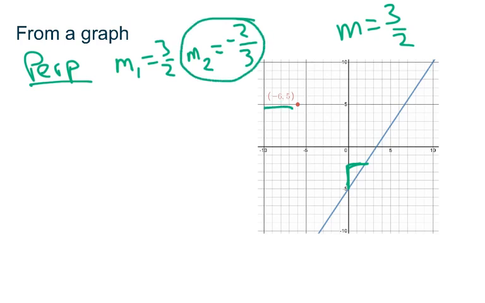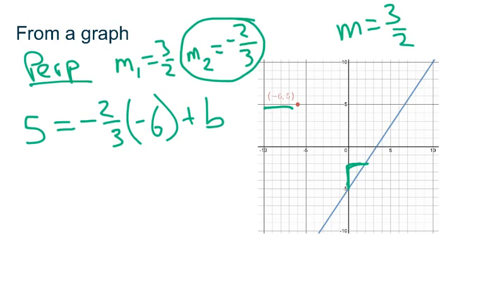Now I'll use the point, and just like I did with parallel, I'll do the exact same thing. 5 is equal to -2/3 times -6 plus b. Watch out, we have two negatives here, so the -6 is going to go away and become just positive 2. The 3 completely disappears, and so we have 5 is equal to 4 plus b.